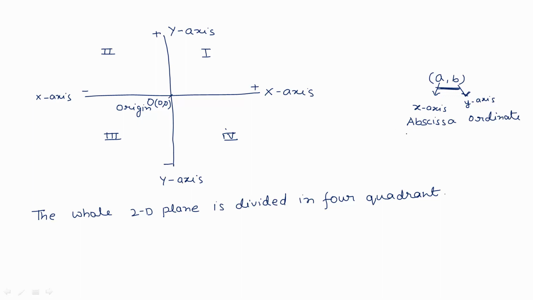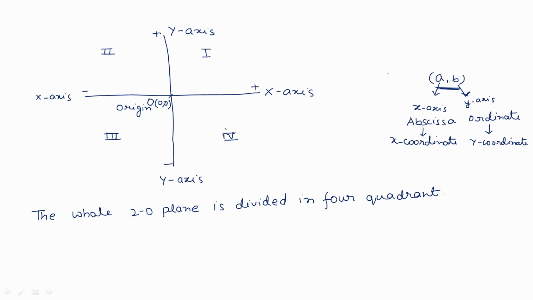The abscissa is also known as x coordinate, and the ordinate is also known as y coordinate.